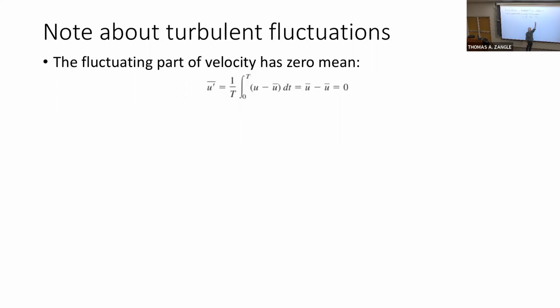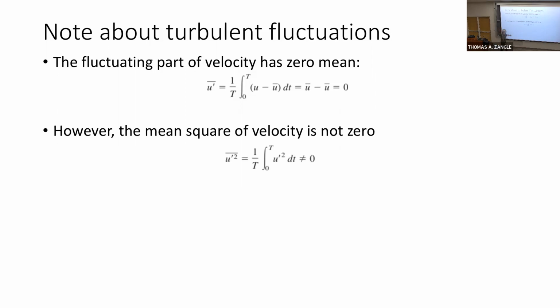Because we split our velocity u into u bar plus u prime, where u bar is the time average, the average of whatever is left over, the fluctuations, has to be zero. But you'll notice from our equation that we have something like the mean of u prime squared, the time average of u prime squared. This thing is not zero in general.